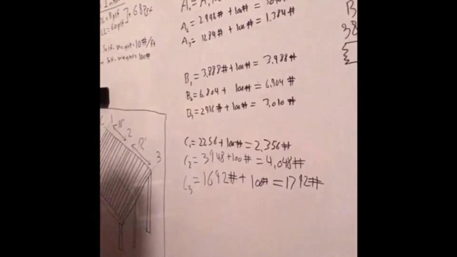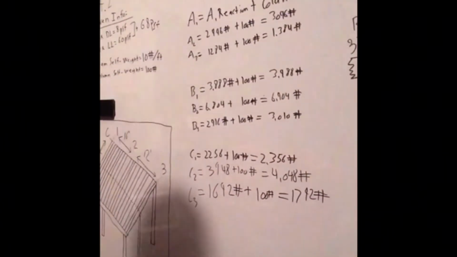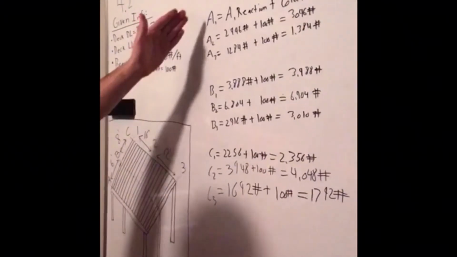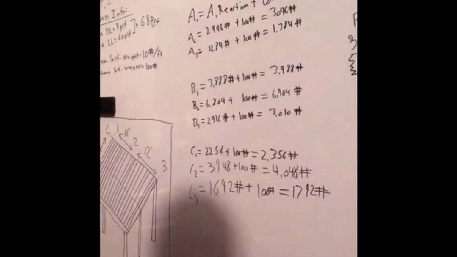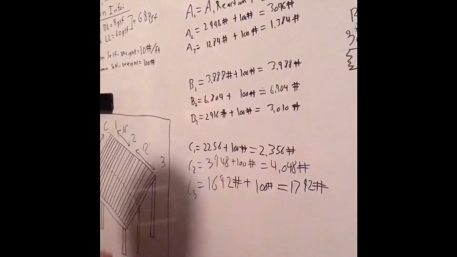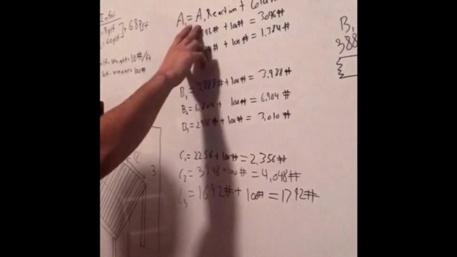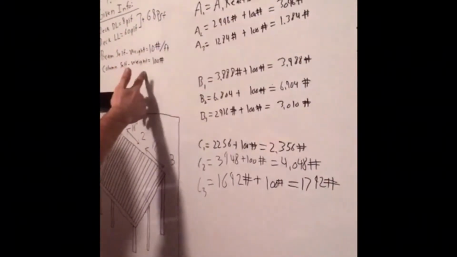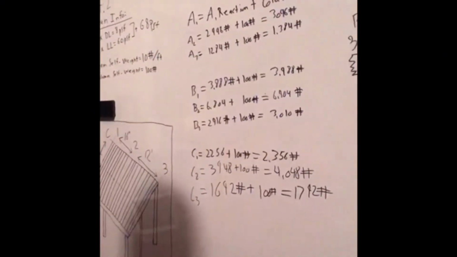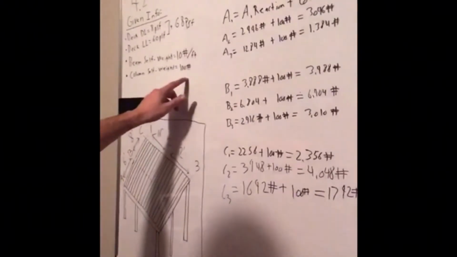Alright, and so finally we're down to literally just putting the answers up on the board. And we have all 9 of these grid points for each one of these reactions for each column. But before we can actually report the answer, we actually have to take the reactions for each one of these columns and add in the column weight, which is a step a lot of people forget. You have to add that column weight of 100 pounds.